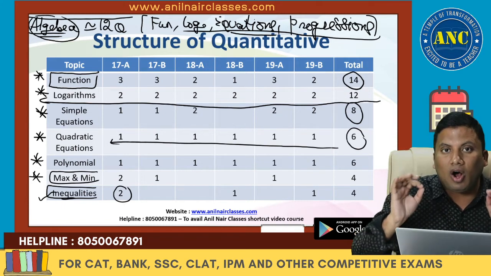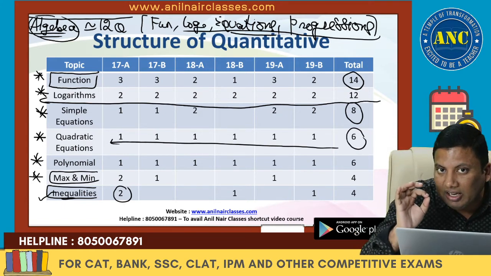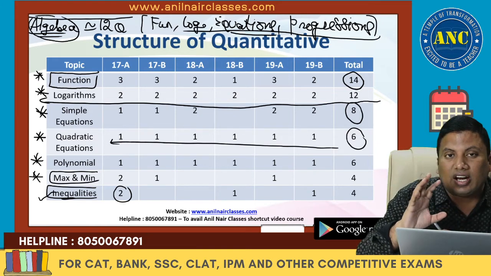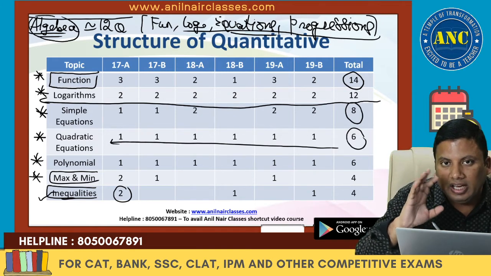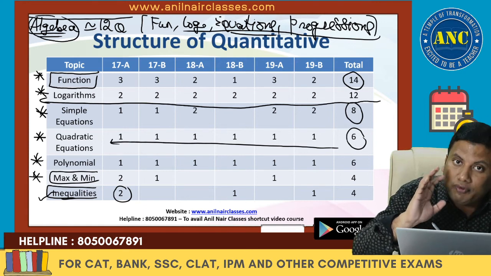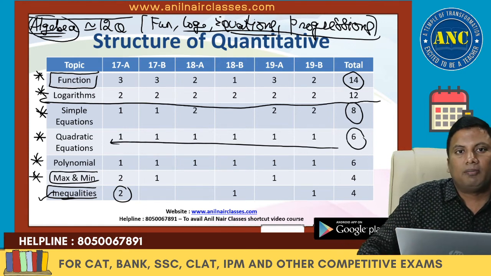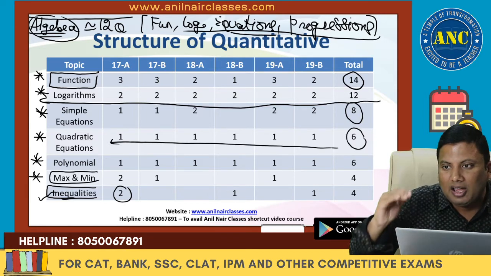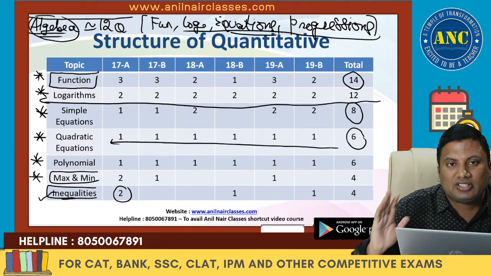Please remember, on an average, out of 34 questions, in the last 3 years' trends, 14 questions are coming from arithmetic. 14 out of 34 is close to 40% of the questions from arithmetic, 30% from algebra. 40 plus 30, 70% of the questions.